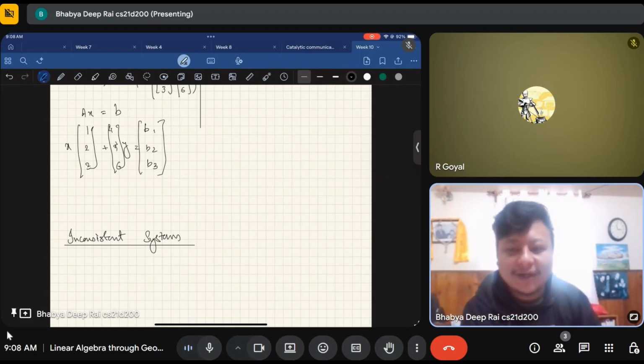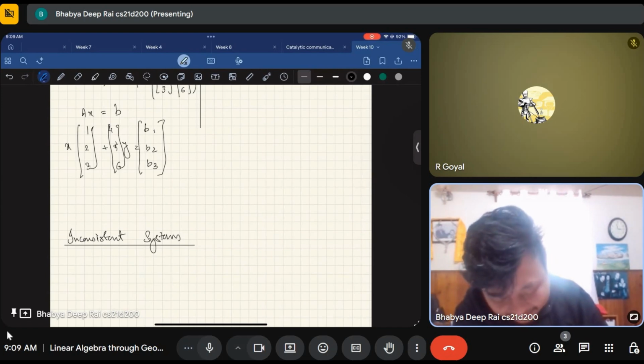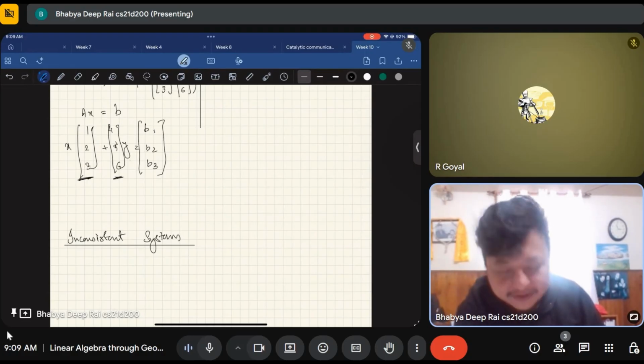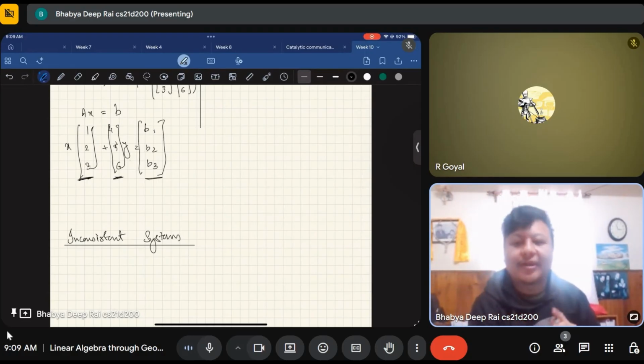And now the question rather becomes, what is that combination of the vectors 1 2 3 and 4 5 6? What is that linear combination that gives the vector b1 b2 b3, correct?